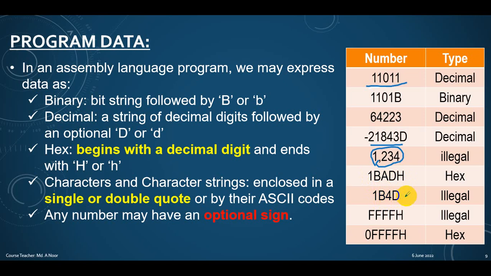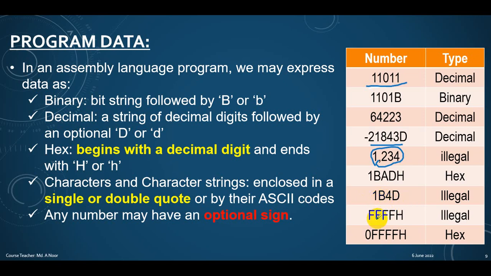Then this one, 1 before D, is a decimal value, but what have you written? B. B is not part of a decimal number. A decimal number is from 0 to 9; it does not contain A, B, C, or D. So B is not allowed in a decimal value. So it is illegal.